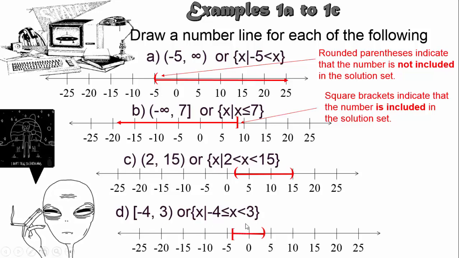Well, it's an interval, and we can see that easily in the set builder notation, and here's how we would see it in the interval notation. Here is negative 4, and it will include negative 4, and then we will go all the way through to 3, but it will not include 3.